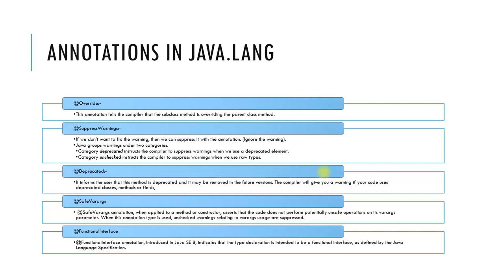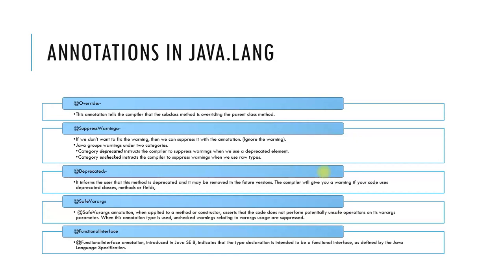Also, we have the FunctionalInterface annotation, introduced in Java SE 8. It marks a functional interface, and instances of these interfaces can be created with lambda expressions.